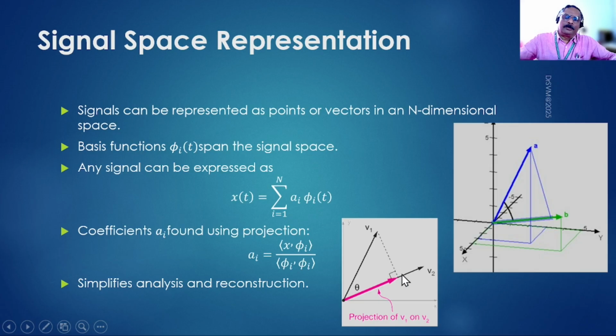From V1 we draw a normal line to V2, and where it touches V2, that length along V2 is the projection of V1 over V2. In the same way we can draw a normal line from V2 to V1, and that length will be the projection of V2 over V1. They happen to be the same because A dot B and B dot A are equal.